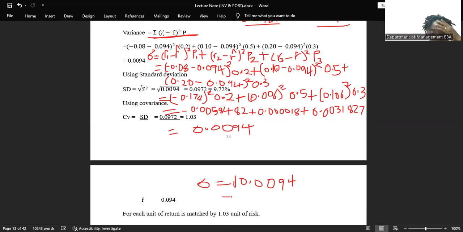And that's going to give us 0.097. Okay, and I told you for standard deviation, you can put it in percentile. So if you want to put it in percent, that will be 9.7%.